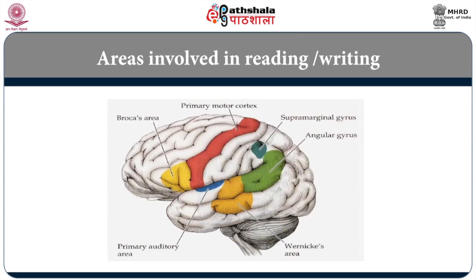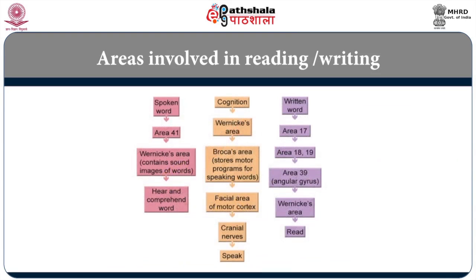So once again, one more slide about language structure and language function. On the left side you see the spoken word is interpreted in area 41 and in Wernicke's area, and then you hear and comprehend it. So this is speaking and listening. If it is the written word, information goes to area 17, which is in the visual cortex of the occipital lobe.